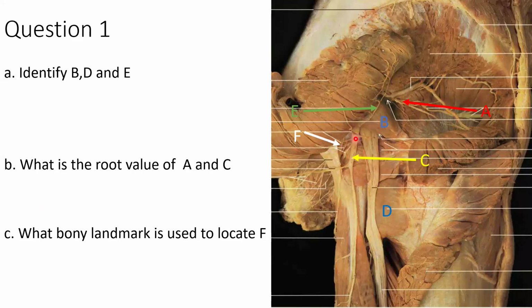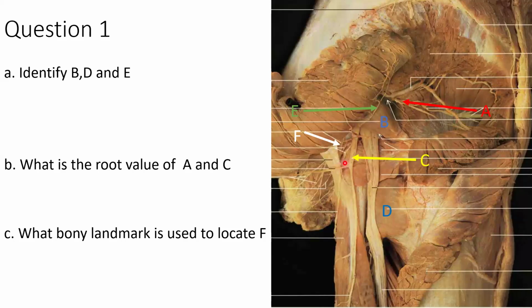That's your posterior femorocutaneous nerve, and you can see that's the perineal branch, which goes to supply the posterior one-third of the scrotum in males, and the labia majora in females.